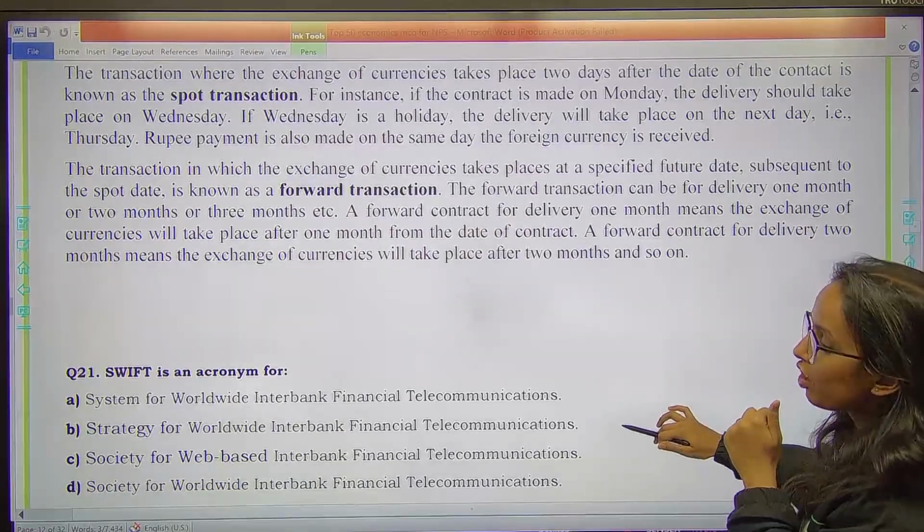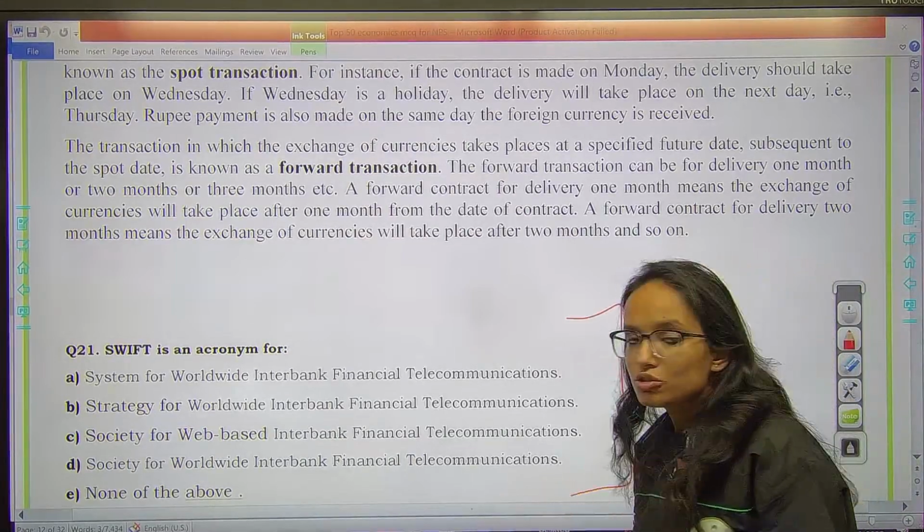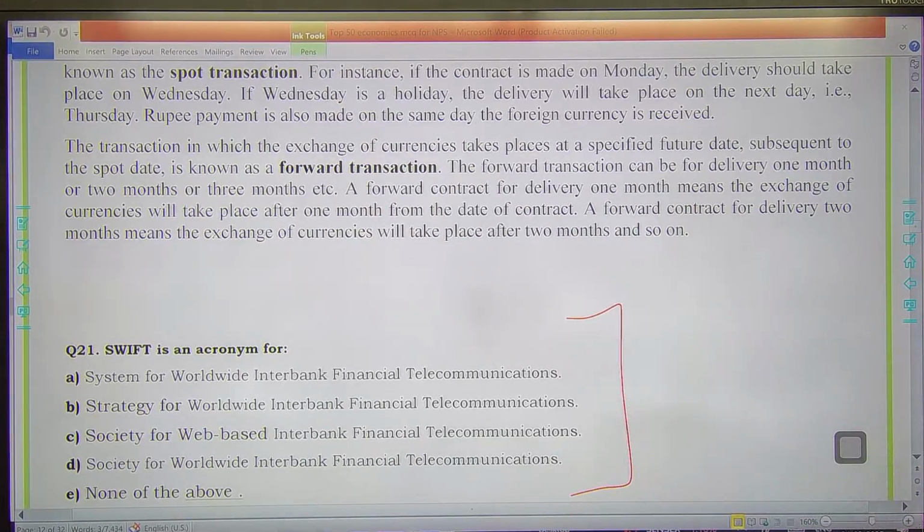Next, what does SWIFT stand for? SWIFT is a very famous acronym. So SWIFT stands for what? What is the full form of SWIFT? What is SWIFT?